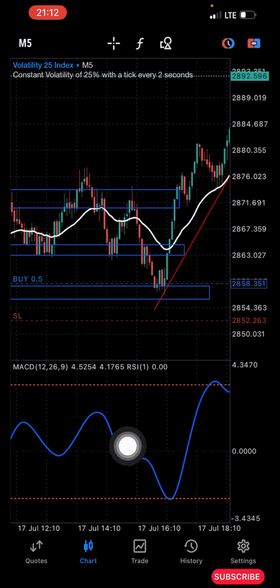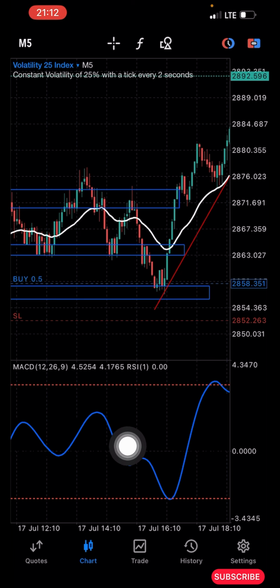Once the indicator gets to the oversold level around this area here, you have to look for a buy entry. Once it gets to this area, you either look for candlestick patterns to get your confirmation, or you look for a break of structure, when price breaks above the most recent structure in the market, like this area here.